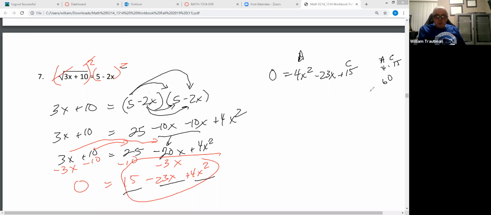All the things that multiply together to get 60 is 1 times 60, 2 times 30, 3 times 20, 4 times 15, 5 times 12, 6 times 10. And I need 23 right here.